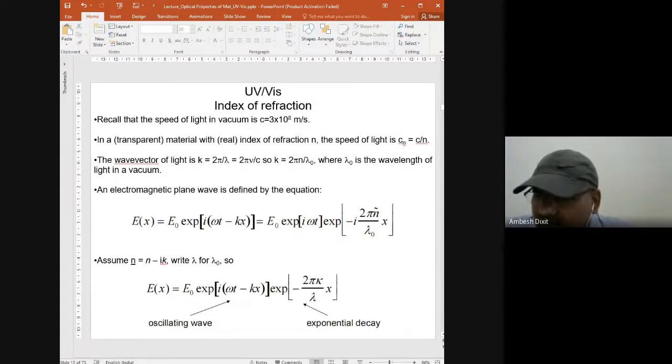With respect to the incident wave, if you introduce n, it will be 2 pi n over lambda naught, where lambda naught is the free space wavelength. With respect to your material, the wavelength has changed, and that changed wavelength is lambda naught by n, so n goes into the numerator.